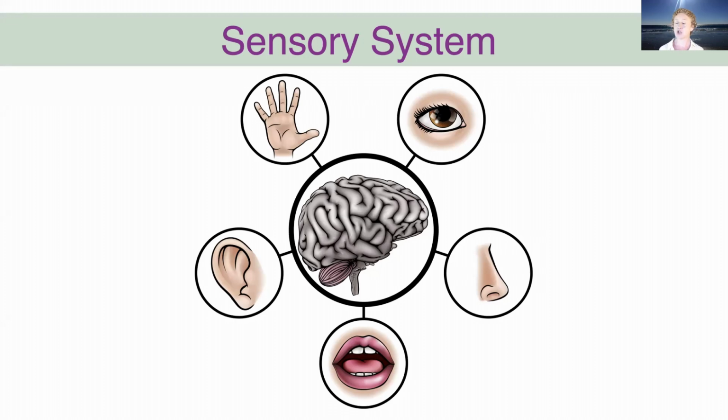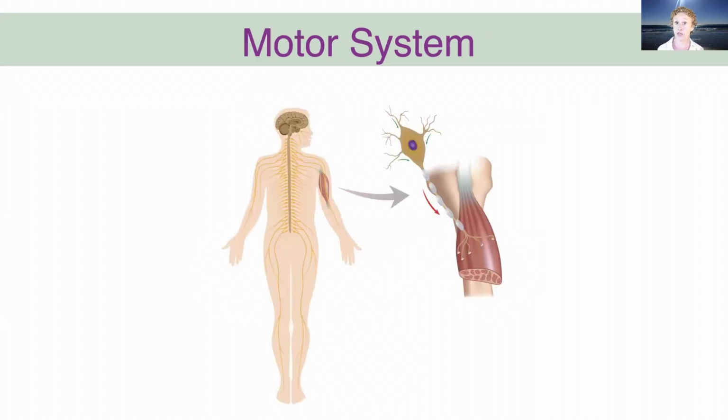And it typically is going to respond to this sensory information via the motor system. This is the movement system in the body. It's the system that sends signals from the brain to the muscles to respond. So say if it suddenly got really cold where you're sitting, your skin is going to register that drop in temperature, sensory information. That goes to the brain.